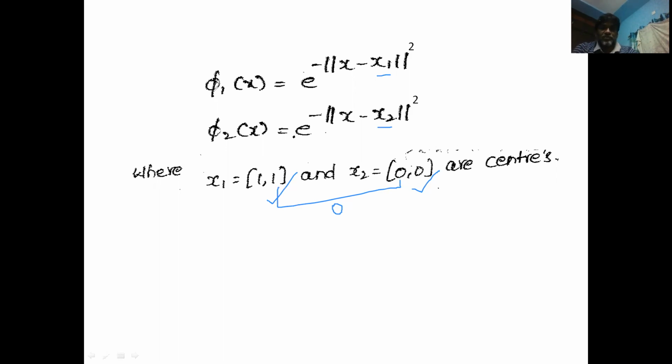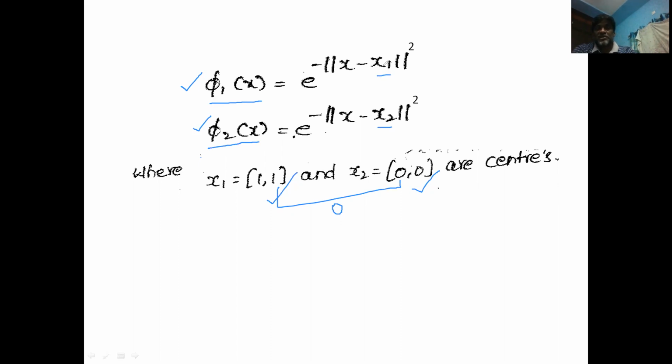So this is our next thing, defining the radial basis functions for each hidden neuron that we define in our architecture. Because we have two hidden neurons, we define two things here, phi1 of x and phi2 of x. Each is defined for one center.